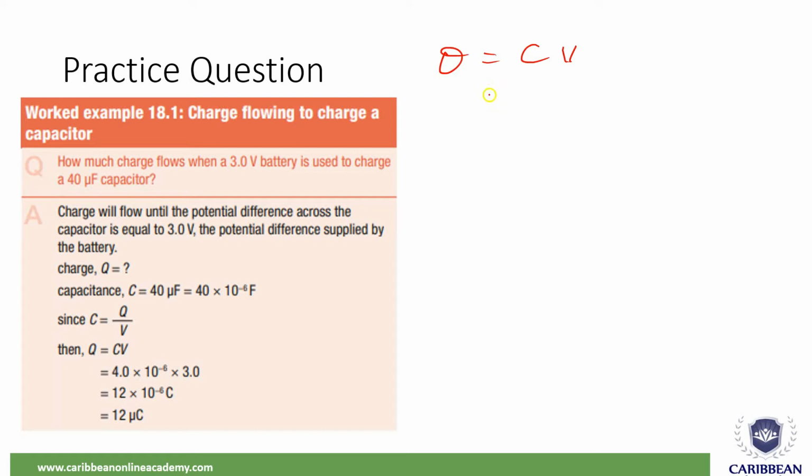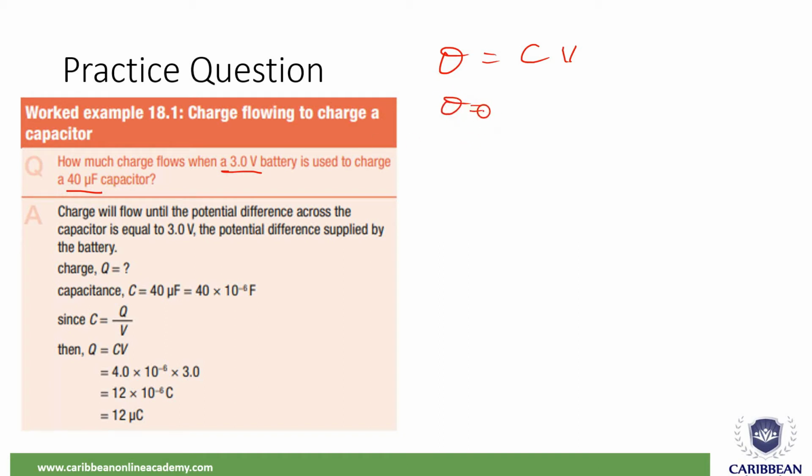I believe we can simply find what the charge is by just going ahead, putting in the information, because we know the potential difference that is applied to the capacitor. We know the amount of charge that can be stored per unit volt, right? So that is the capacitance.